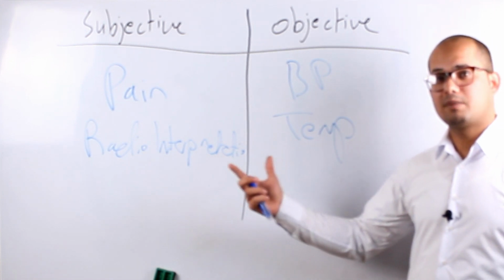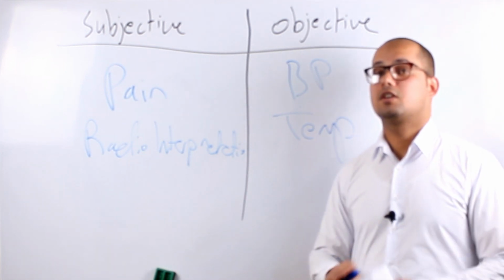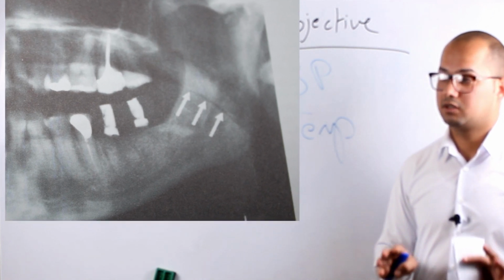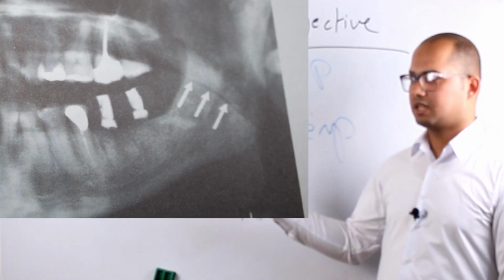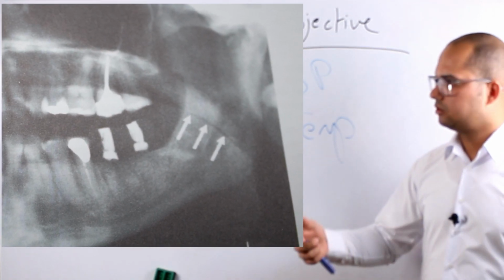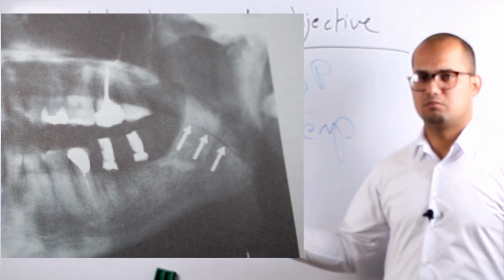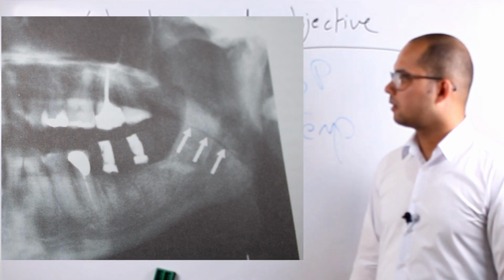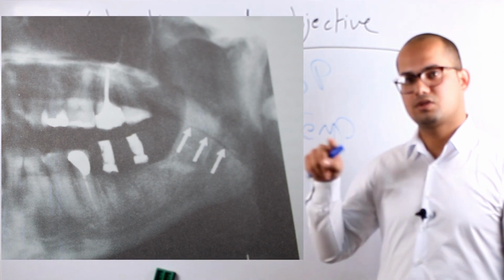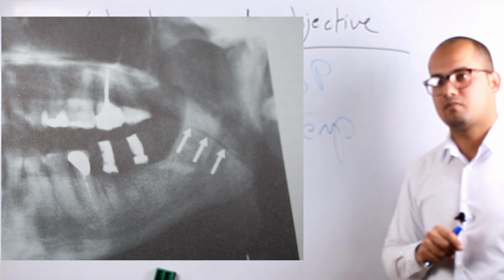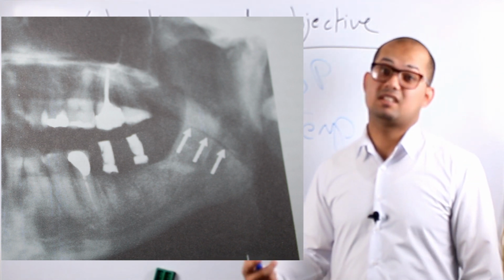Let's take another example. Look at that panoramic image. Let's suppose that the patient has previous trauma and you order an OPG to see if there are any bone fractures. It looks very clear: there is a fracture line across the ramus. We misinterpreted that image. This is not a fracture line.